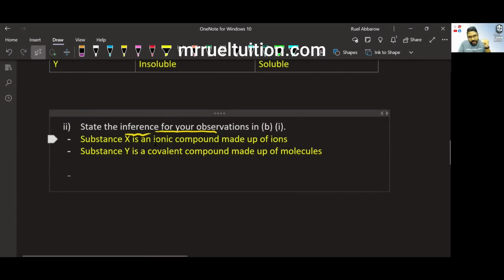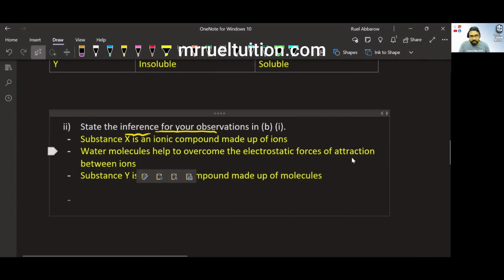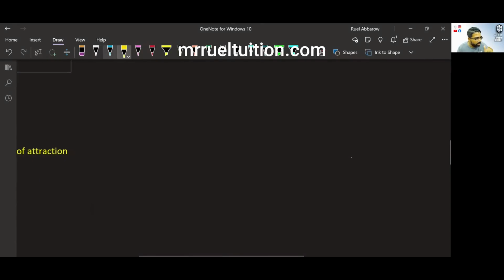In case you need to add more, the further description for this would be: water molecules help to overcome the electrostatic force of attraction between ions. Now, let's go back to theory a little bit. So water, if you remember class, is made up of 2 hydrogen atoms and 1 oxygen atom. Now, oxygen atom is much more electronegative than hydrogen atom.